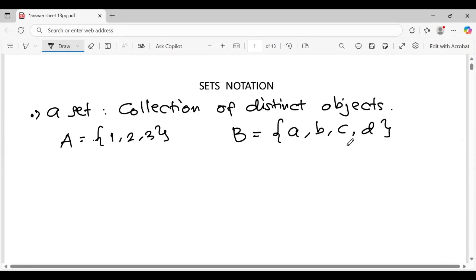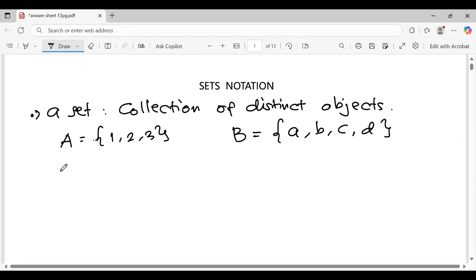All right, so pay attention: for the elements of a set, you have to use lowercase letters. Do not use capital letters. You have to use lowercase letters for the members of the set. If it is the name of a set, you have to use capital letters like A or B.